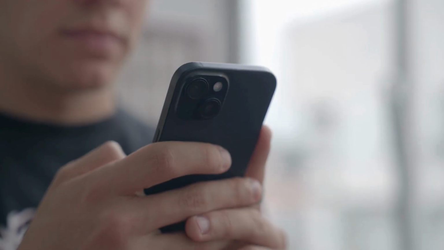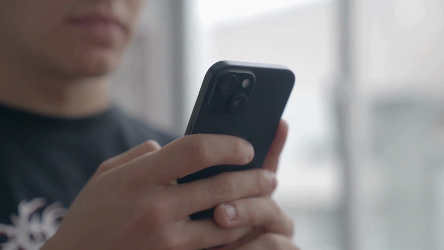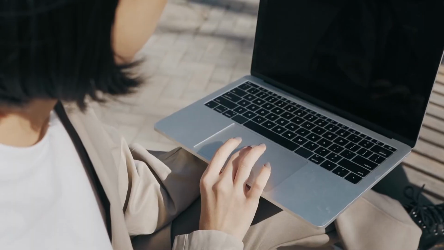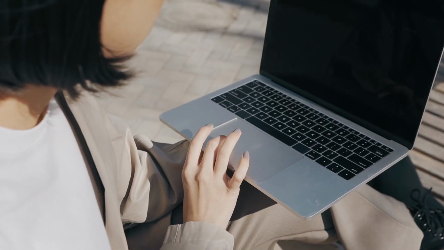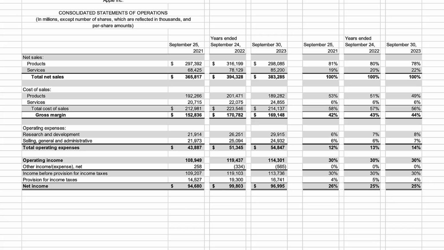If there's a way that we can get the exact same product, the exact same iPhone, but using a more efficient process, either we use a more affordable material, or we use more affordable labor, or we find a brand new system that allows more iPhones or more devices to be created using less effort, I'm going to be looking primarily at that because that is the primary contributor to having less in net income. And as you can see, Apple has been doing that. If you look in 2021, before their product expenses, their cost of sales made up 53%.